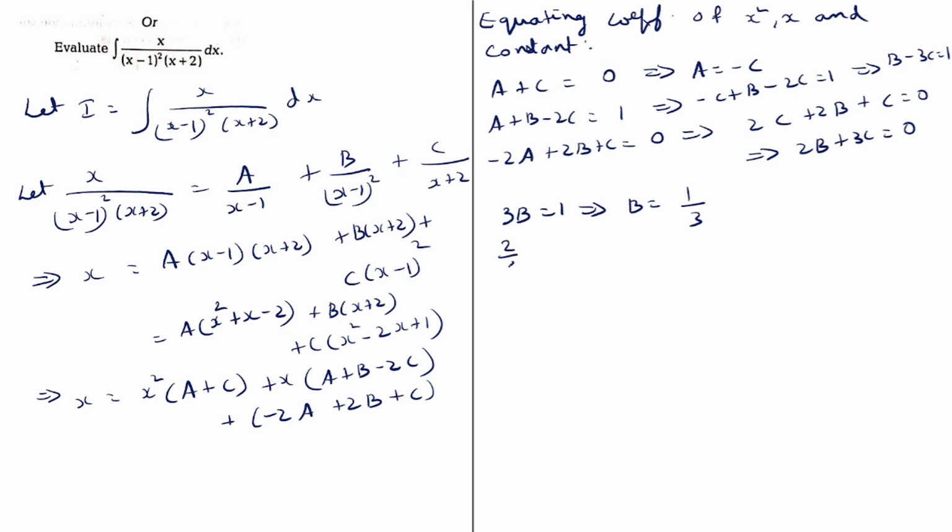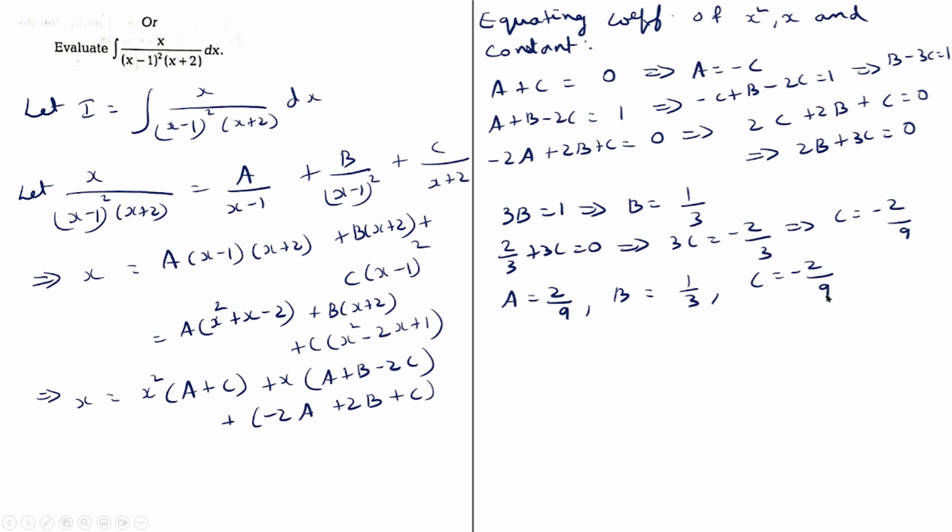So we will get 2 by 3 plus 3c equal to 0, or 3c equal to minus 2 by 3, or c equal to minus 2 by 9. And here we got a equal to minus c, so a is plus 2 by 9. A equal to 2 by 9, b equal to 1 by 3, and c equal to minus 2 by 9. So these are the values of a, b and c.